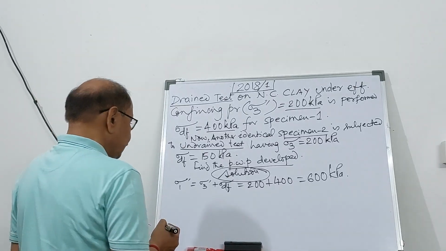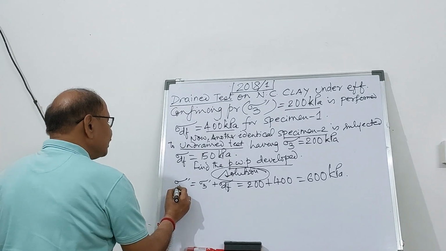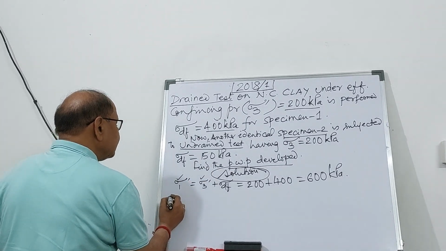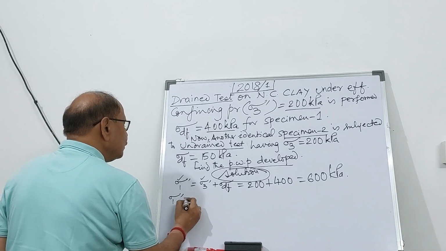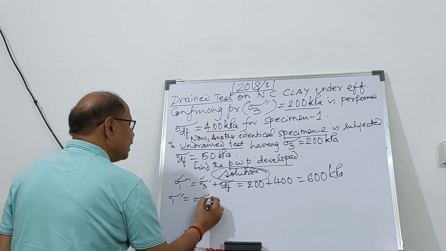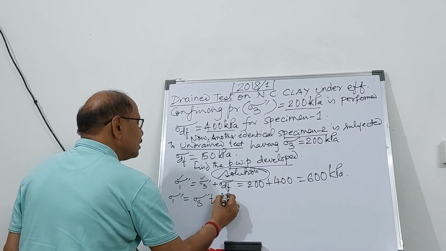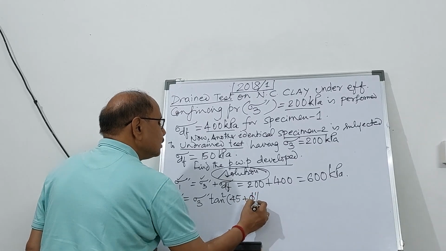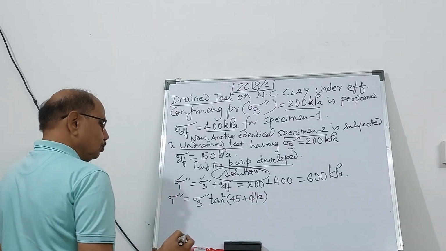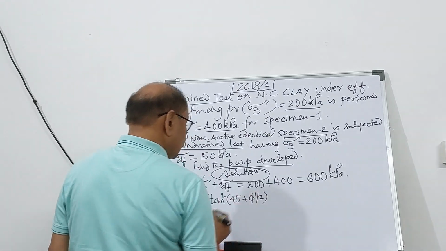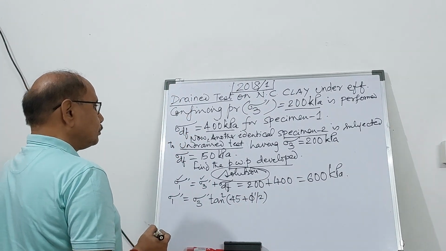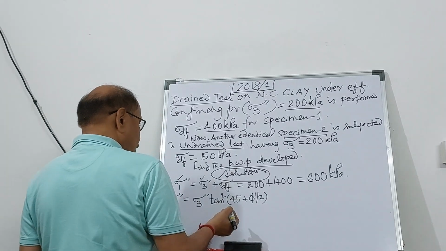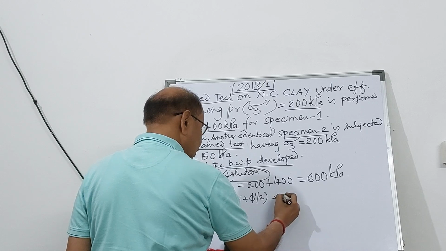Now in a drained test, what is the relationship between sigma 1 prime and sigma 3 prime? You know it. Sigma 1 prime equal to sigma 3 prime into tan square (45 plus phi prime by 2). The c component is anyway 0, so plus 2c will be 0.